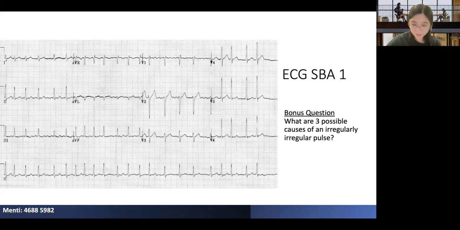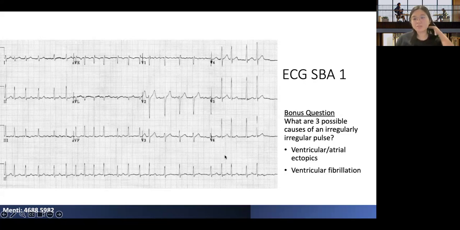What I wanted to also say is that there are other causes. Other than atrial fibrillation, you can also have ventricular or atrial ectopics. They would look quite different on ECG, but when you feel someone's pulse and it's irregularly irregular, technically you shouldn't jump right to AF, because ectopics can still cause random beats.